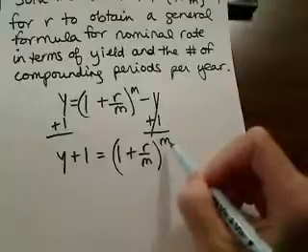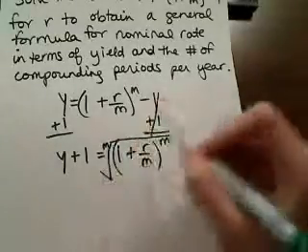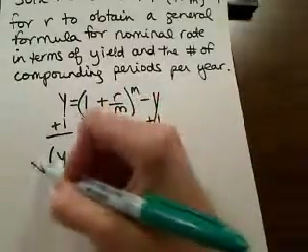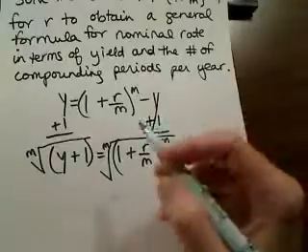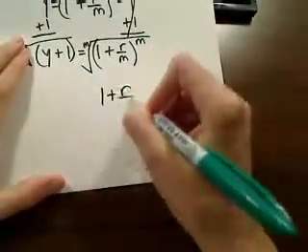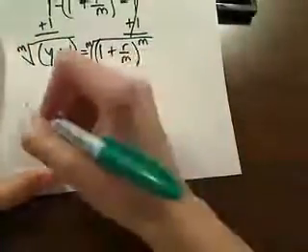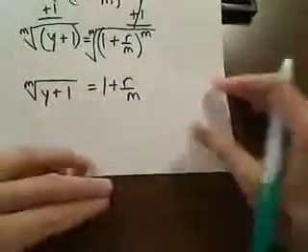Anytime we have something raised to a power, we can use the mth root, or whatever root this is, in order to clear that. And so this will become 1 plus r over m equal to the mth root of y plus 1.